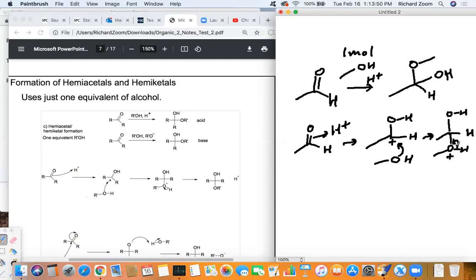But again, look where the arrow comes from. It comes from the middle of that OH bond and goes on to the O. All right, does anybody have any questions so far? So that would be what I'm calling a hemi, in this case, hemiacetal. And that was with just 1 equivalent of alcohol.